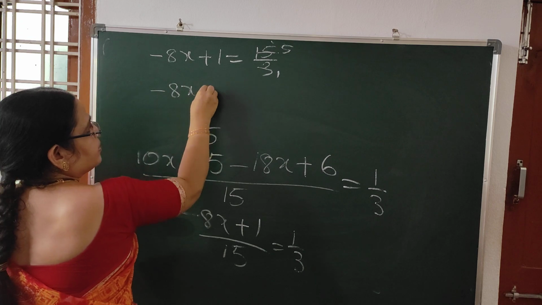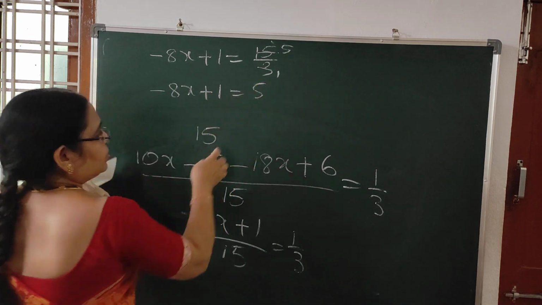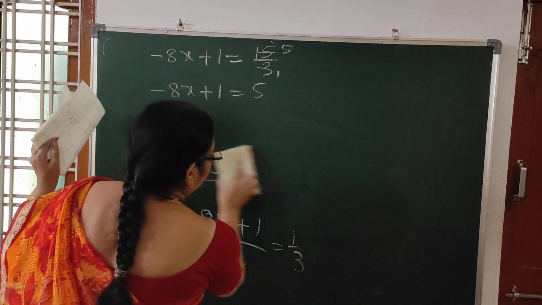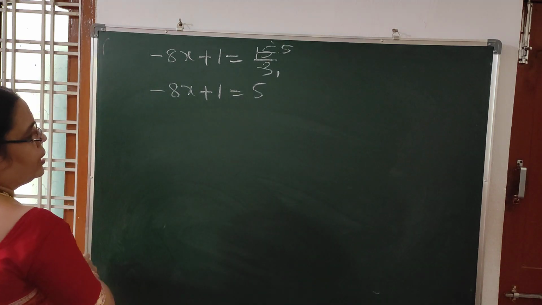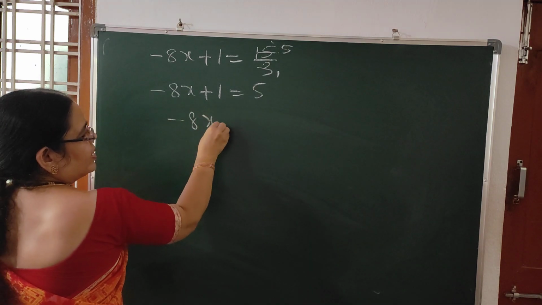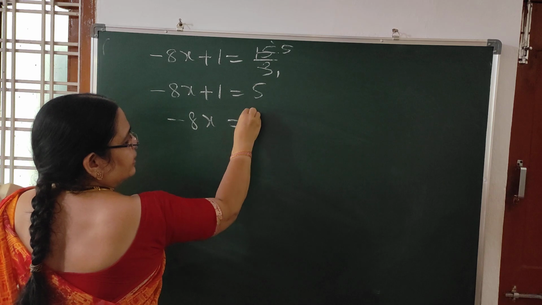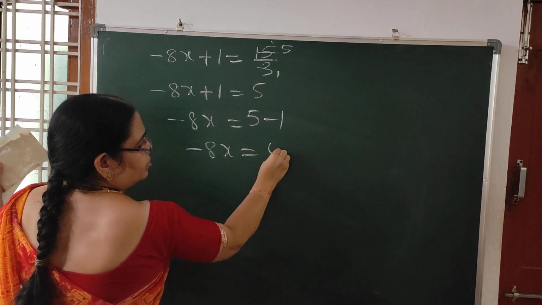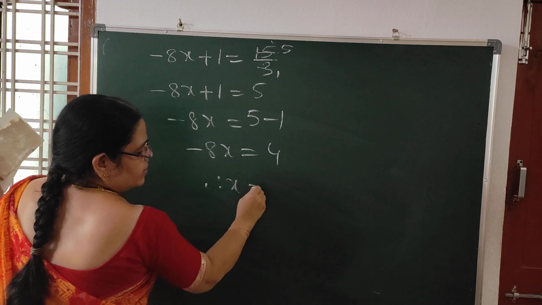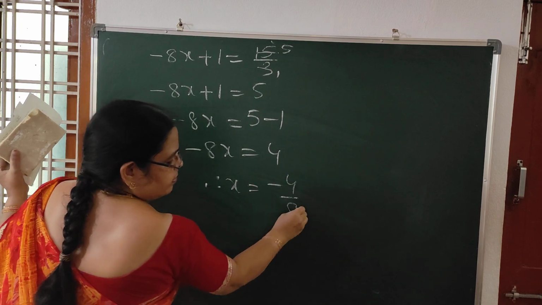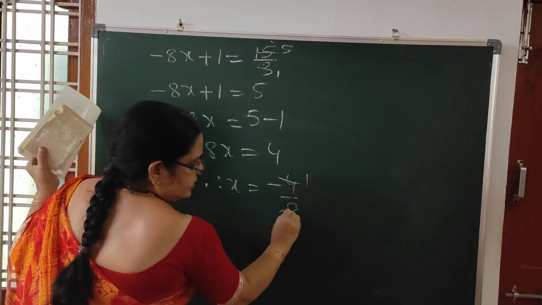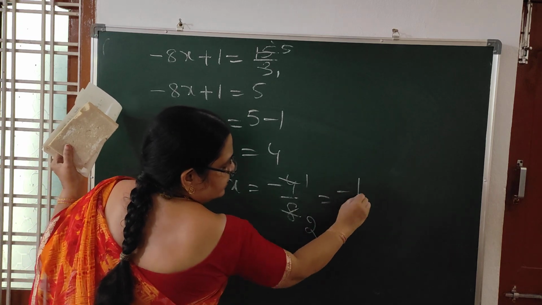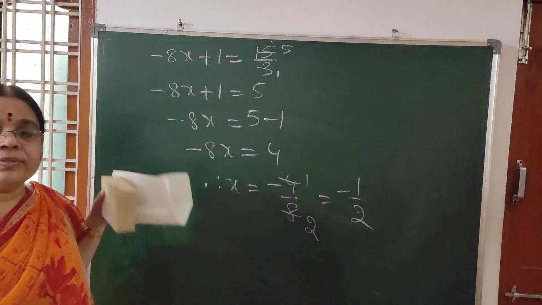Minus 8x plus 1 is equal to 5. So now transpose. Minus 8x is equal to 5 minus 1, so minus 8x is equal to 4. Therefore x is equal to how much? Minus 4 by 8, 4 ones are 4, 4 twos are 8. So x is equal to minus 1 by 2.